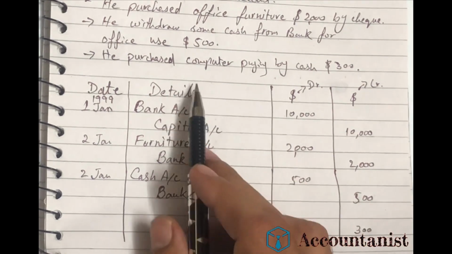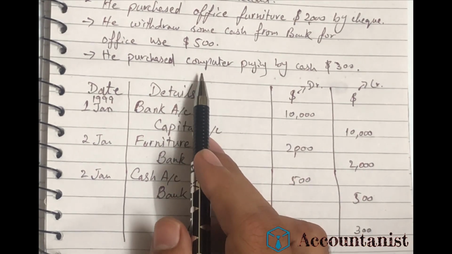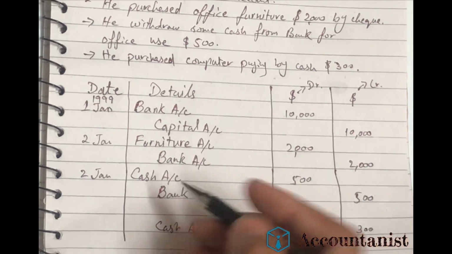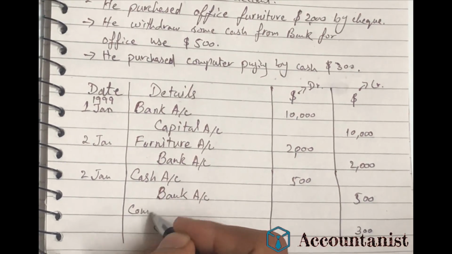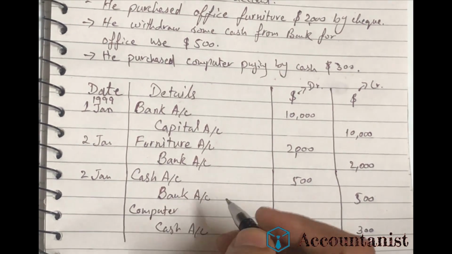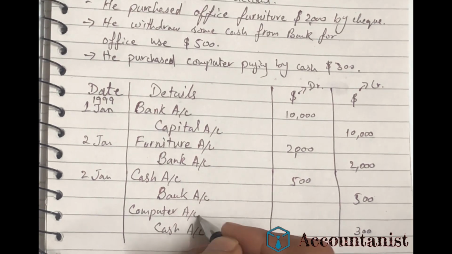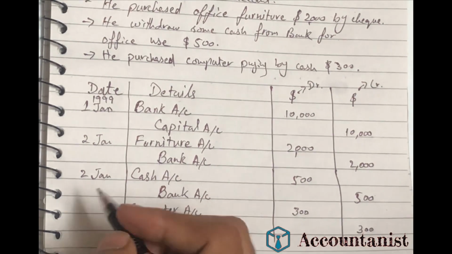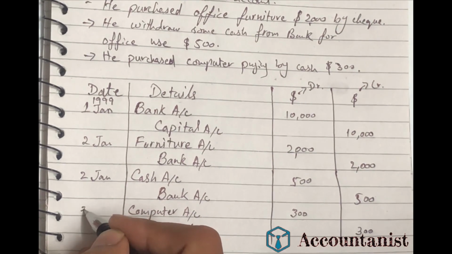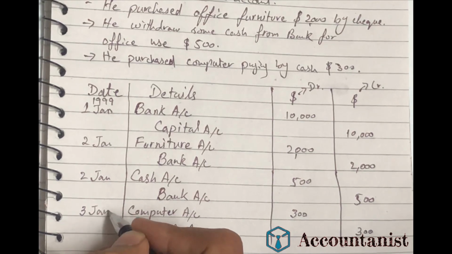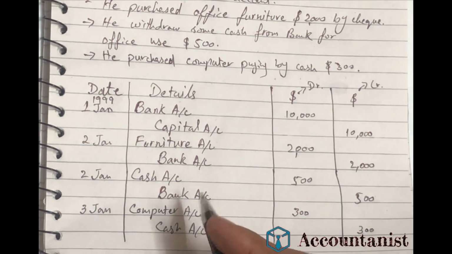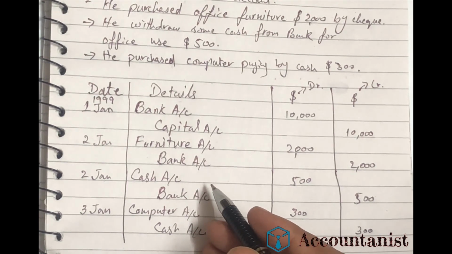And at the same time, we got another asset, that is the computer, which is going to increase. So we'll open a computer account and we will make it debit with the same amount. And let's suppose this transaction was done on 3rd of January. So this is the way we record our entries.